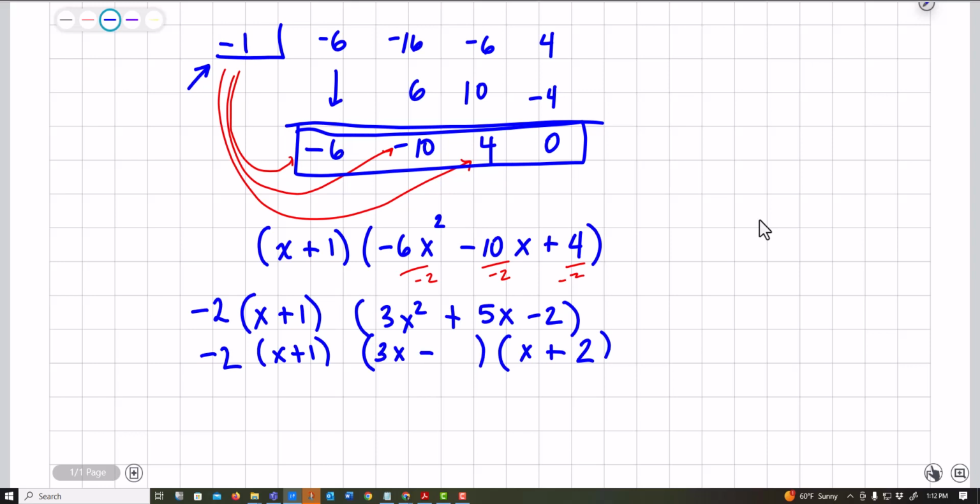And then you subtract 1. Okay, you can certainly FOIL this out to make sure you understand it. But I'm going to have 6x minus 1x, and that gives me my 5x. Remember, if the middle is positive, your highest value needs to be positive. And that's it for the complete factorization.